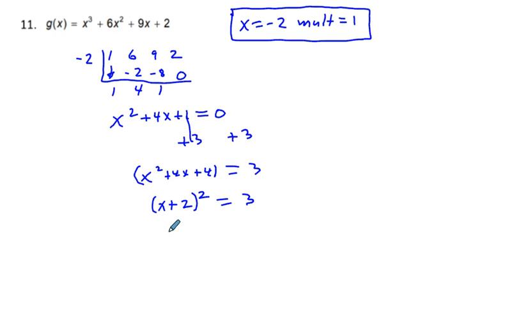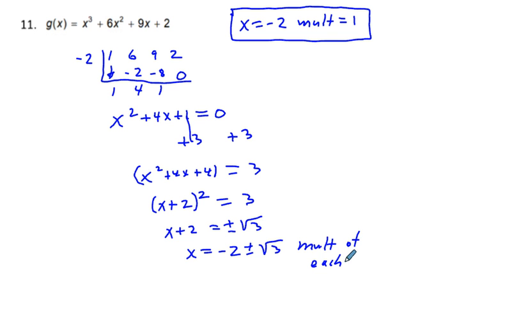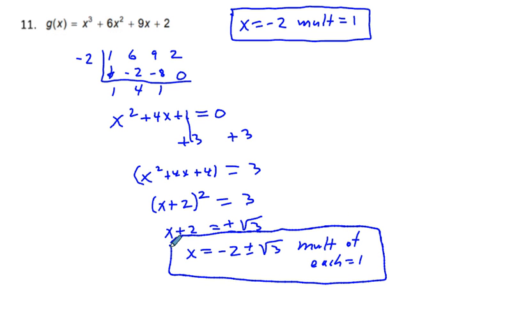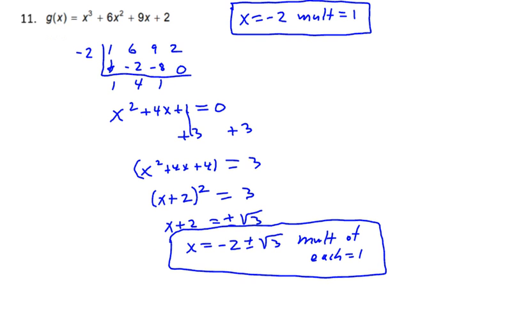Take the square root of both sides. We have x plus 2 equals plus or minus square root of 3. So we have x is equal to negative 2 plus or minus square root of 3. And that's going to be multiplicity of each is equal to 1. Which is very similar to the one we did earlier on number 7, it turns out.